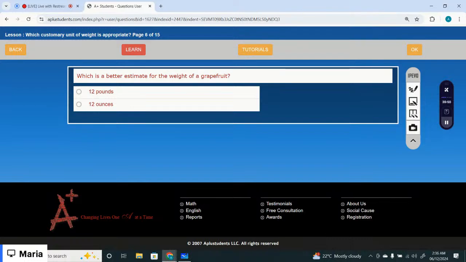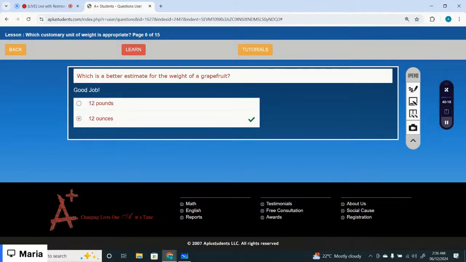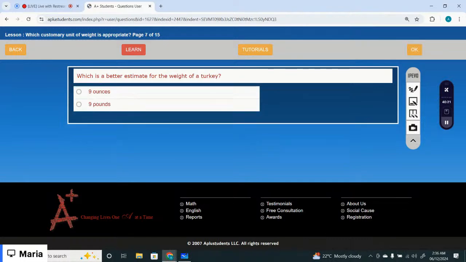Which is a better estimate for the weight of a grapefruit? So, which is the correct option? The weight of the grapefruit must be 12 ounces because 12 pounds is too much.